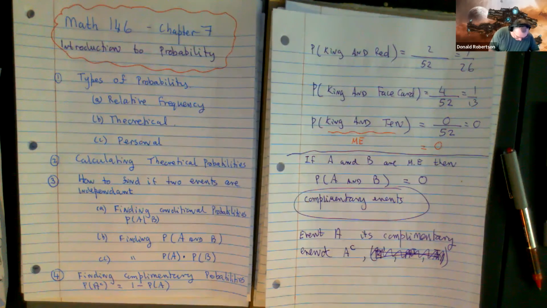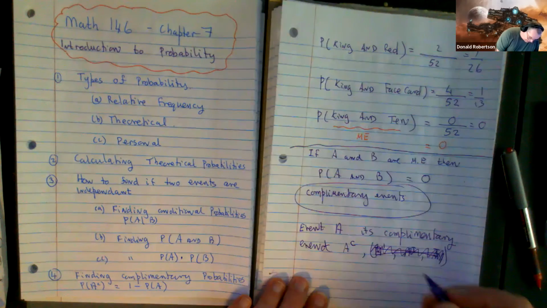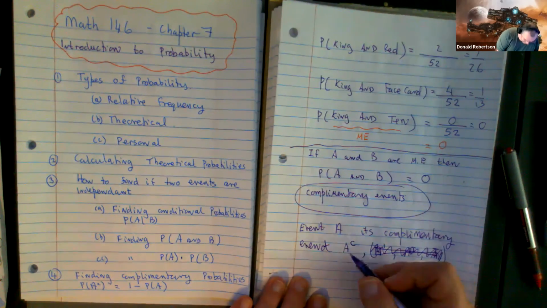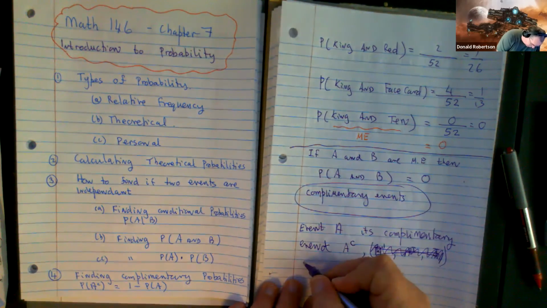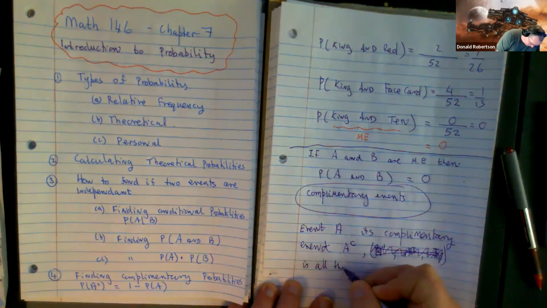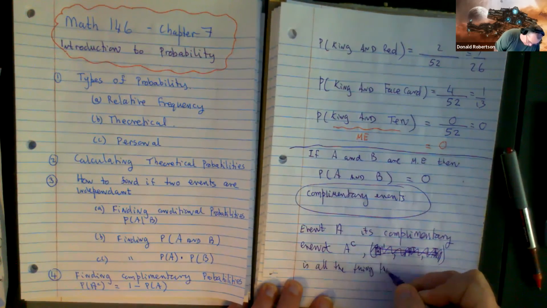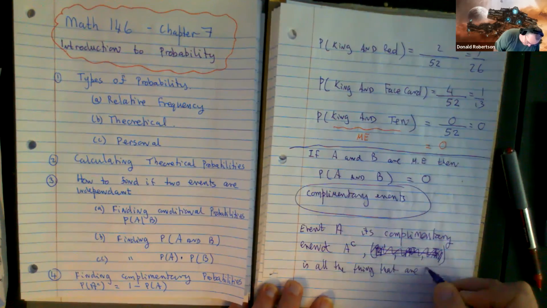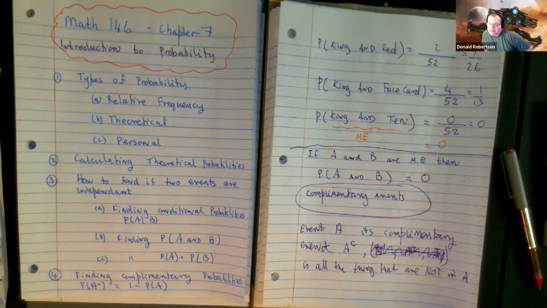Well, right, so event A, its complementary event, called the complement of A, or AC for short, is all the things that are not in A. So if A is I get a king, won't the complement of A be it's not a king?